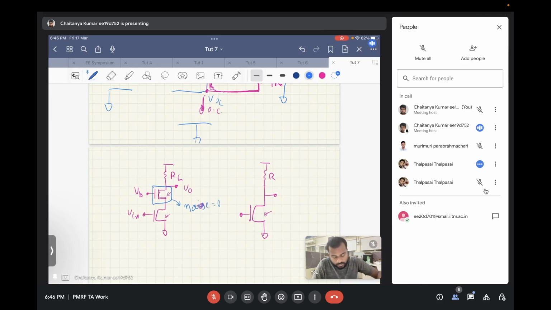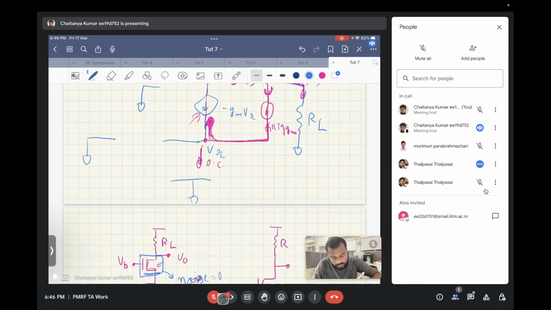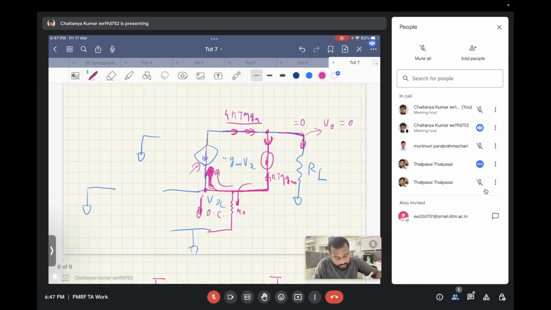Okay. Now, in what case will the noise from this transistor start coming into the circuit? Let's say there was some output resistance over here, some output resistance R naught. In that case, what will happen? All the current won't flow in this direction. There will be some current flowing in this direction as well.